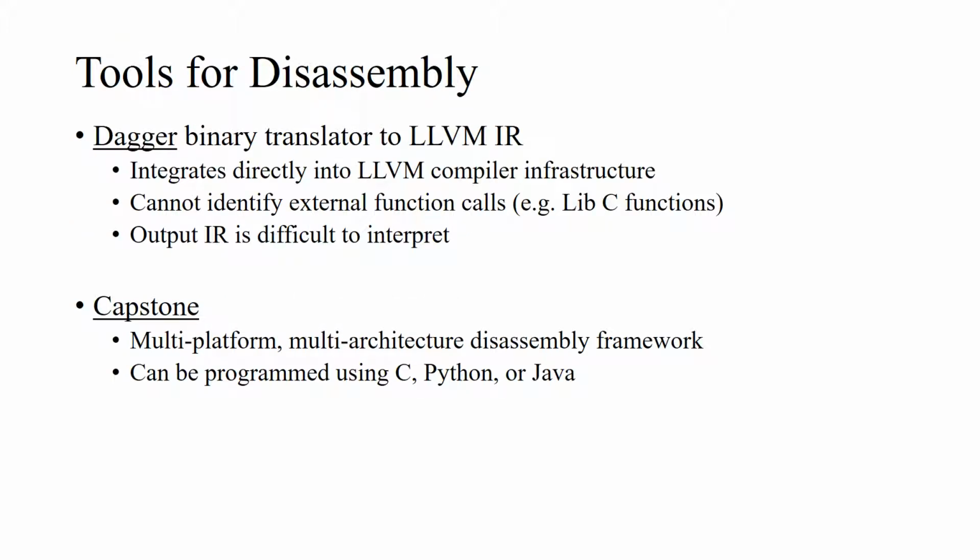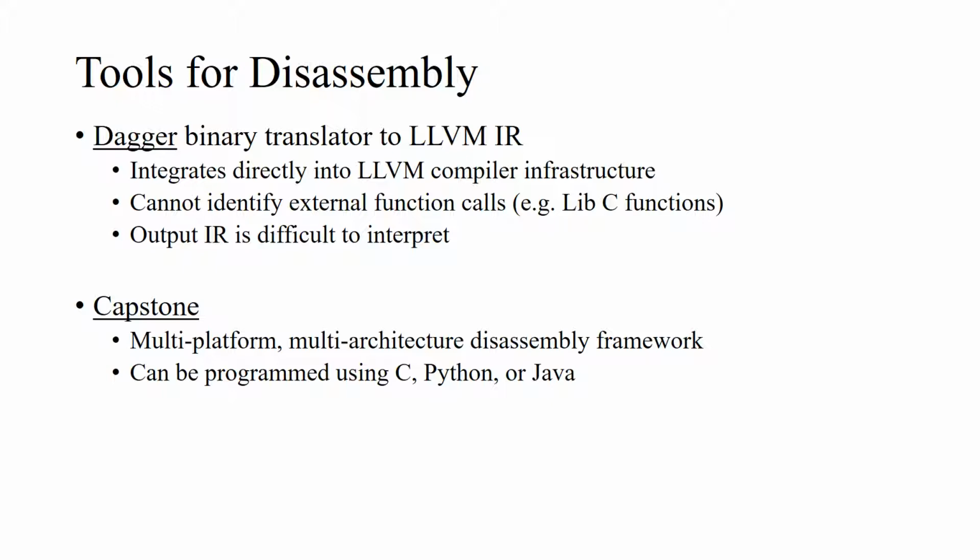There are two tools available that can help expedite the disassembly process. Dagger is an open source binary translator to LLVM IR. The benefit is that it integrates directly into LLVM's infrastructure, but Dagger is unable to identify external function calls, and the IR produced does not come out as clear as the code listing shown previously, making our task of extracting information much more difficult.